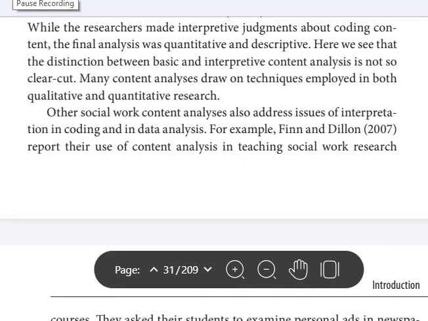Another example is another content analysis example on social work. One study addresses issues of interpretation in coding and in data analysis. For example, Finn and Dillon report their use of content analysis in teaching social work research courses.